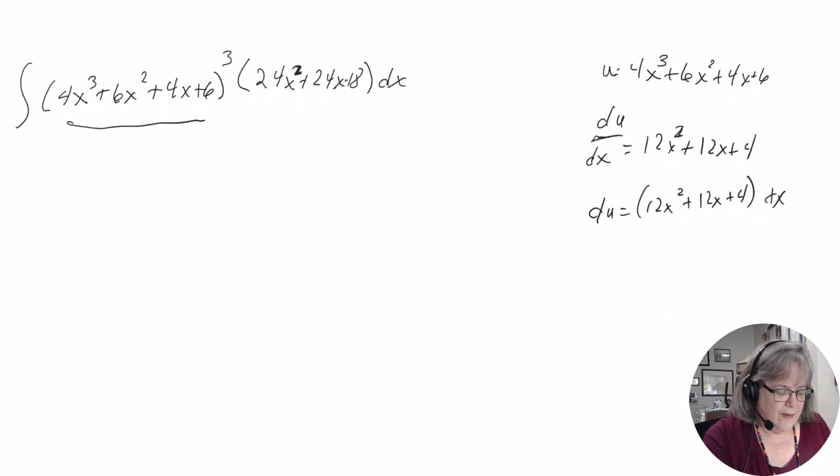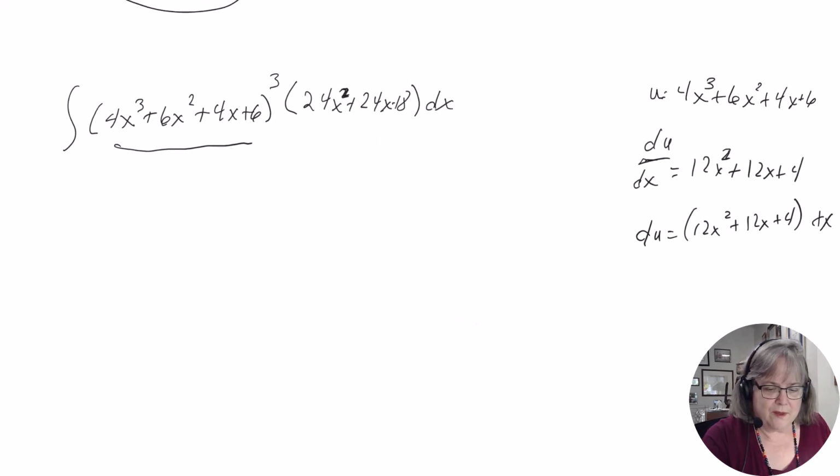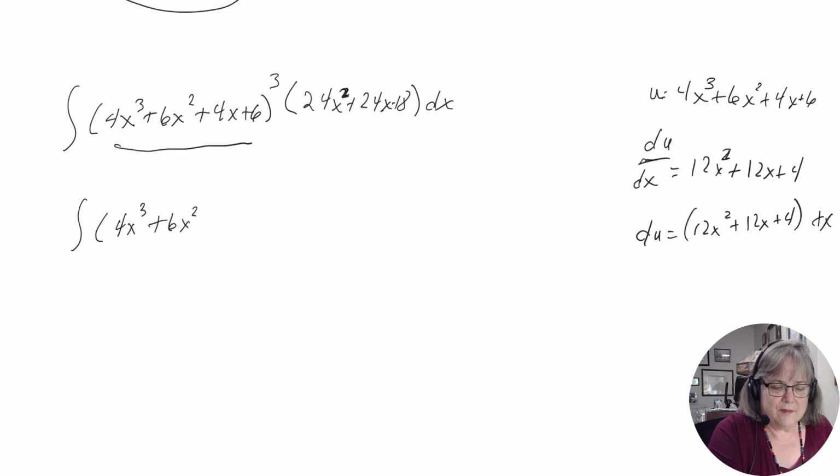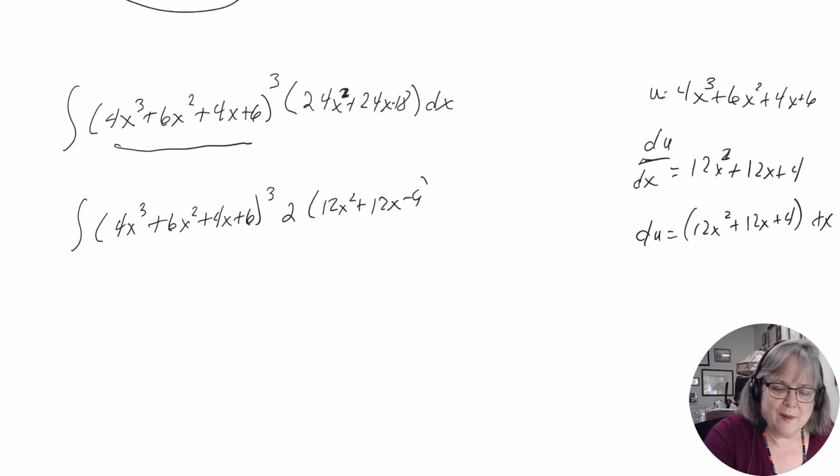All right. Now what you've got is 24x squared plus 24x plus 8. So let's talk about that a minute. Can you think of this as 2 times 12x squared plus 12x plus 4? Let me go back up here.